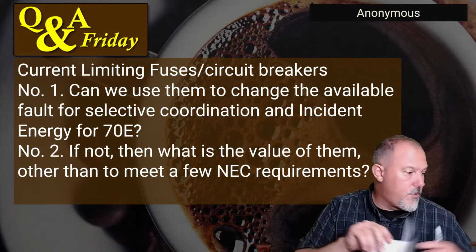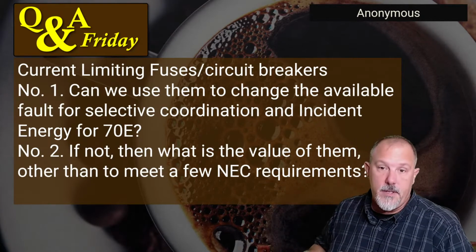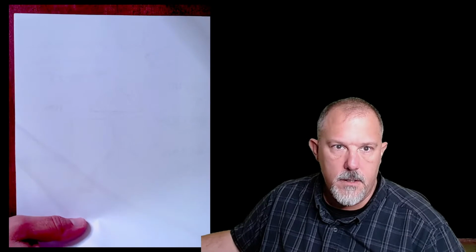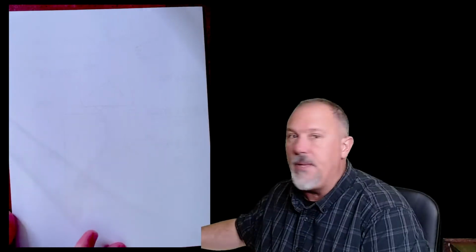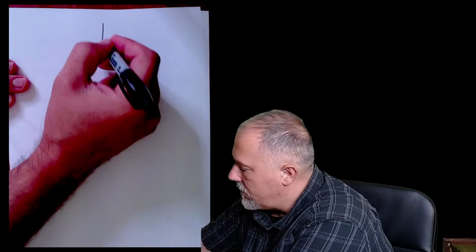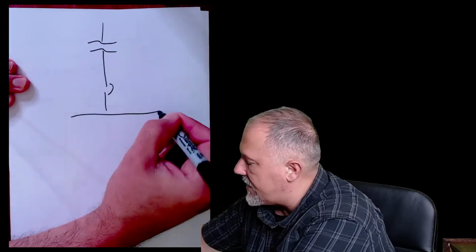Now, I mentioned this to Ryan earlier about the service entrance equipment. And what I'm going to do is draw a service. Now, this is in response to 110.16(B). And think about a service. I'm going to draw a transformer, and a main overcurrent protective device and feeders.